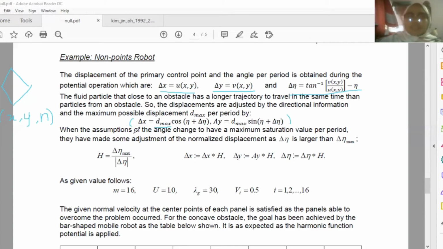Okay, so when the angle change has a maximum saturation per period, they have made some adjustment to the equation.